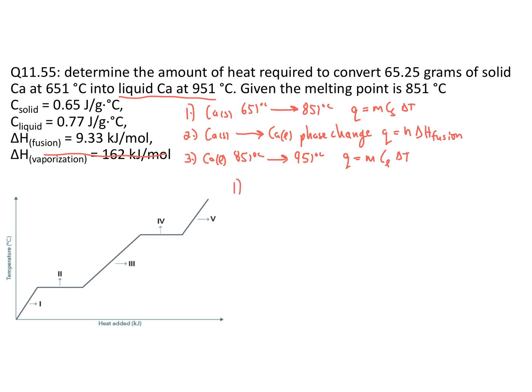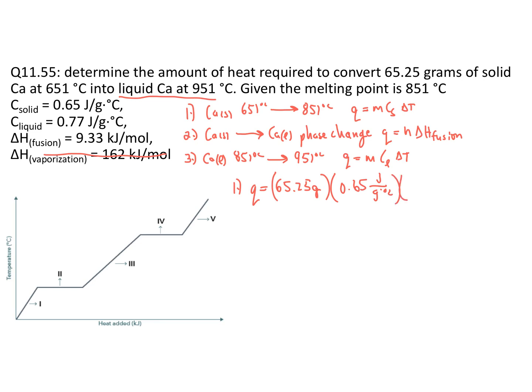So step 1, I've got calcium at 651 degrees. Q equals my mass of calcium, 65.25 grams of calcium. The specific heat of solid calcium is 0.65 joules per gram times degrees Celsius.